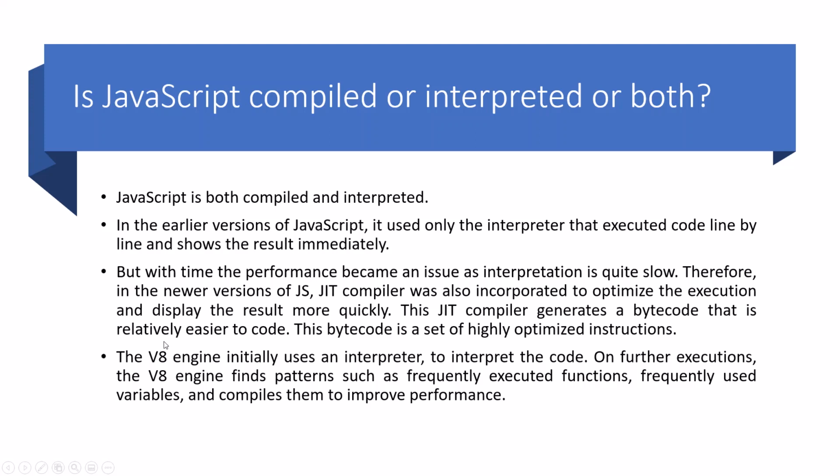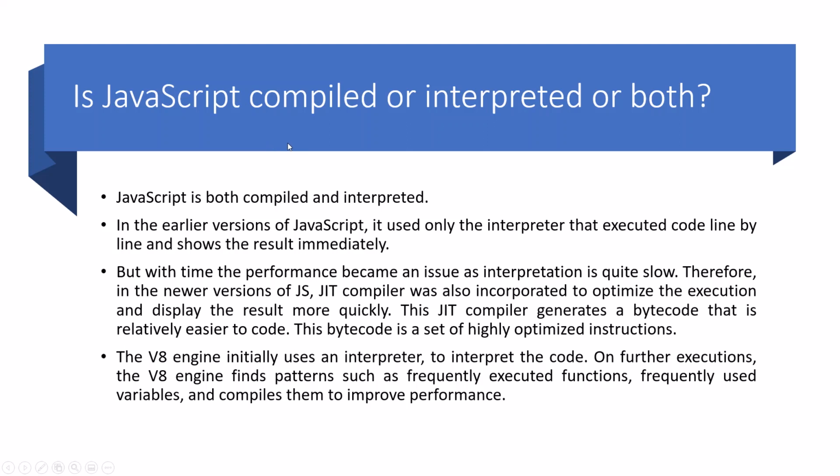Therefore, in the newer version of JavaScript, JIT compiler was also incorporated to optimize the execution and display the result more quickly. So this JIT compiler generates bytecode that is relatively easier to execute. This bytecode is a set of highly optimized instructions.